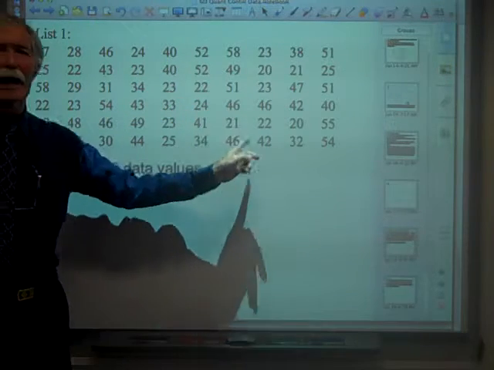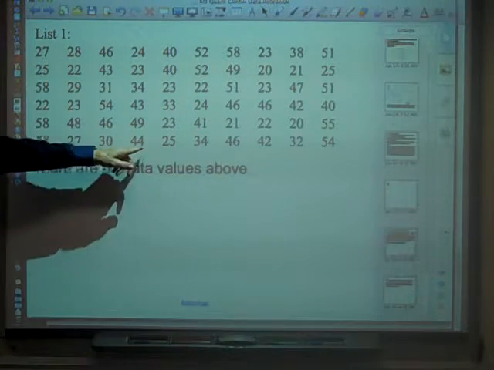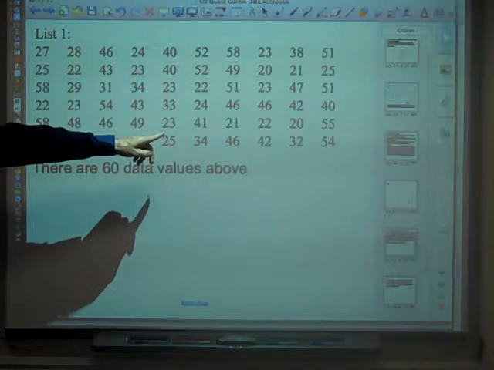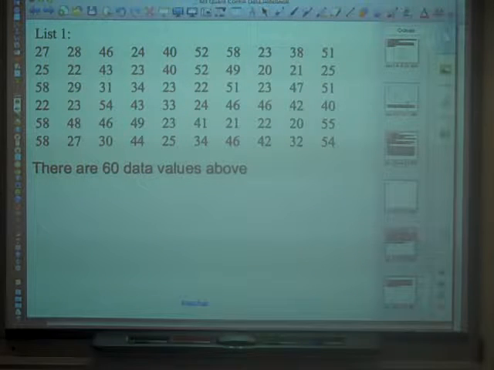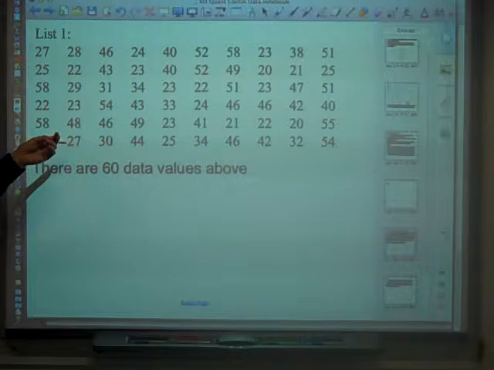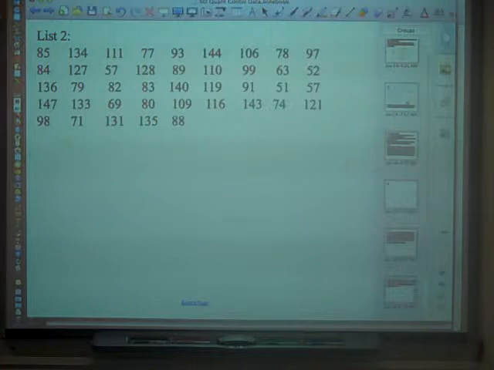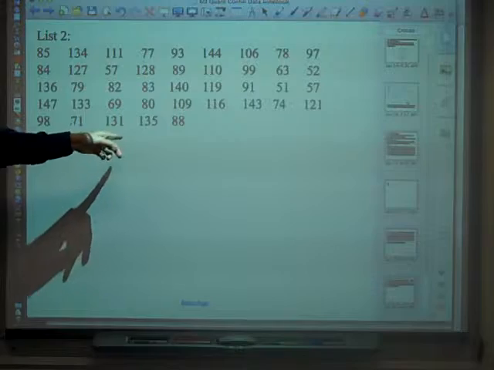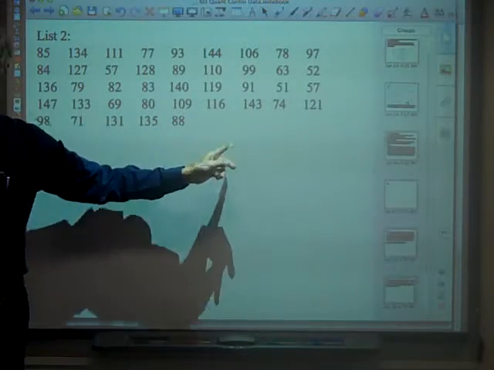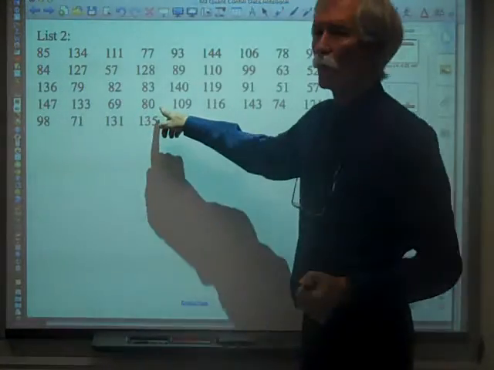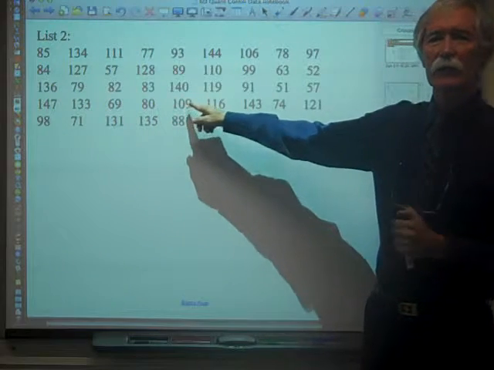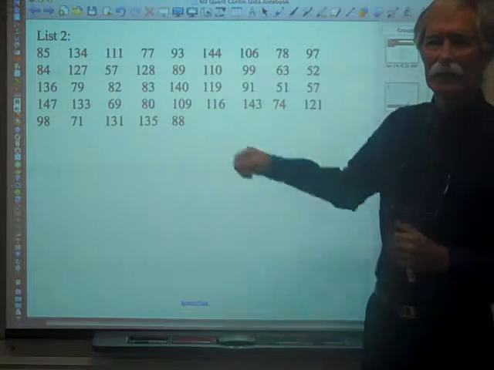What we're practicing right now is how to get your class sizes organized. Here is a new data list. See what kind of class sizes you need for this.